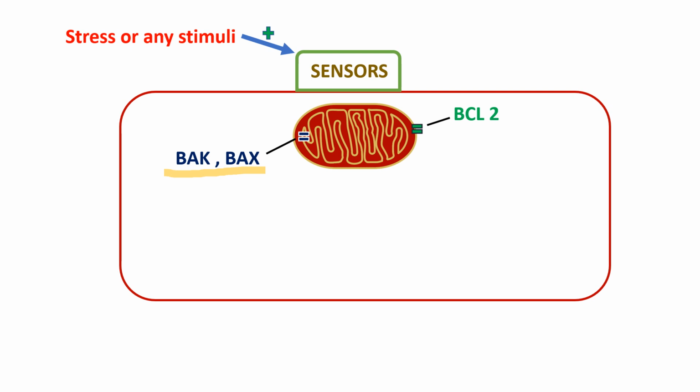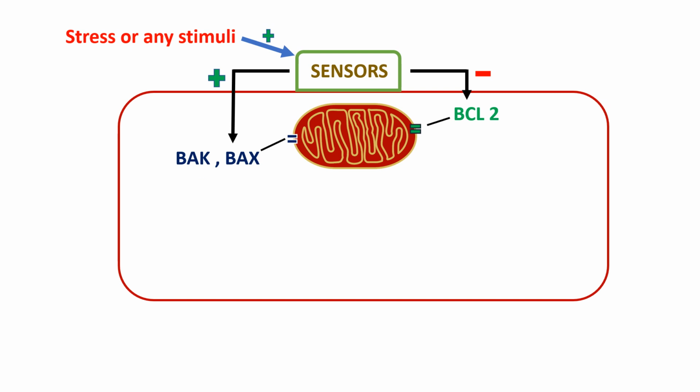They will sense any form of stimuli or any form of stress and will inactivate the anti-apoptotic genes. And sensors will activate the pro-apoptotic genes. That's how these pro-apoptotic genes will come on the outer membrane of mitochondria, as you can see in this image.